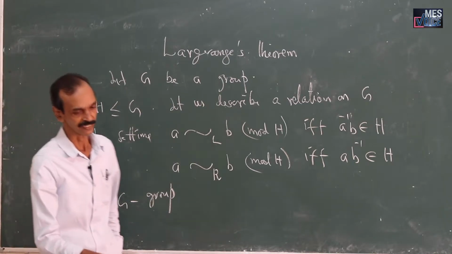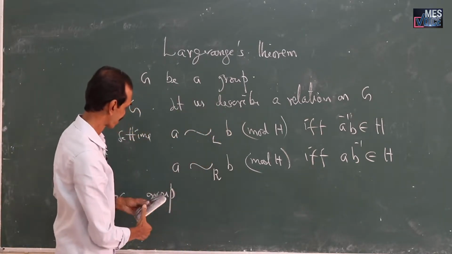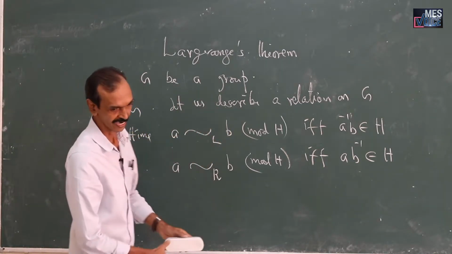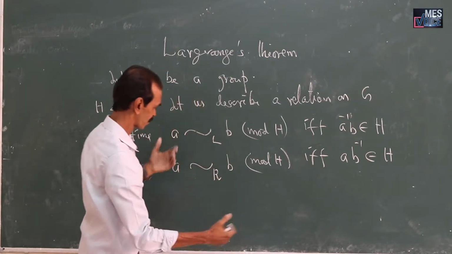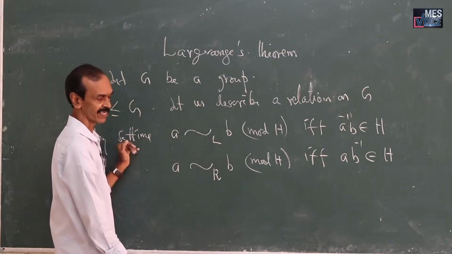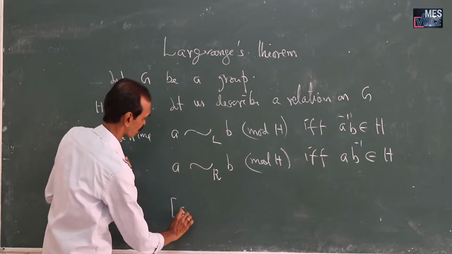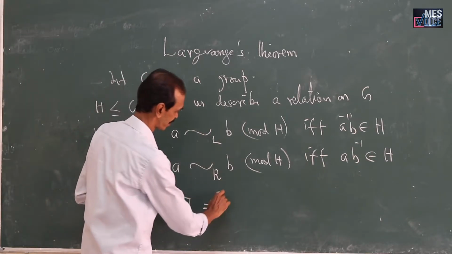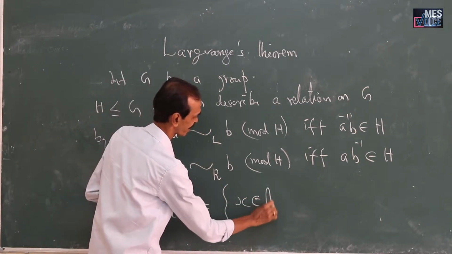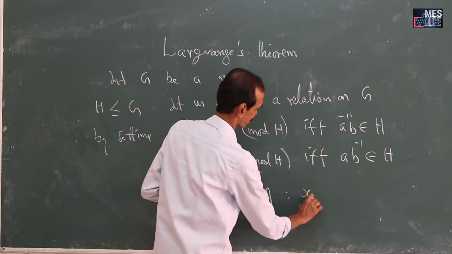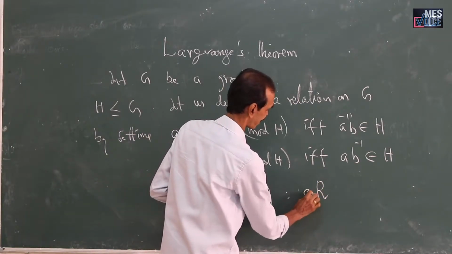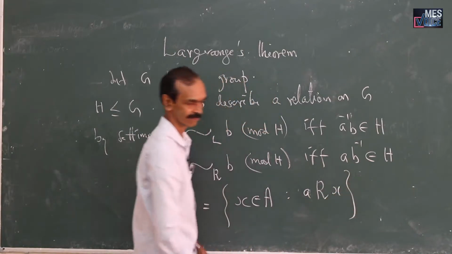Anyway, by using our basic definition of an equivalence class, all of us know that if R is a relation, then the equivalence class of A is the set of all x belonging to X such that A is related to x.